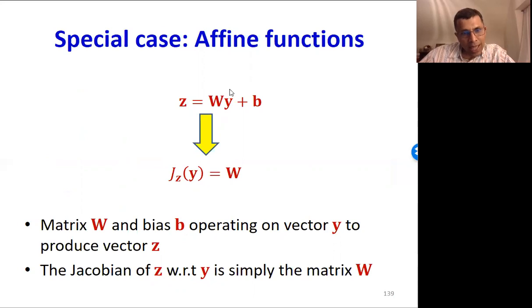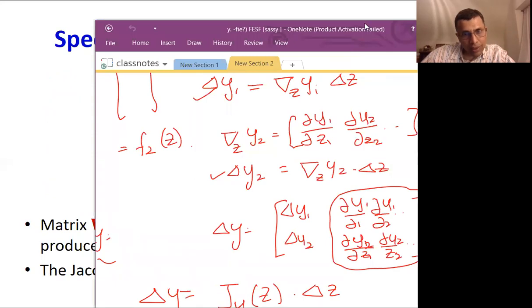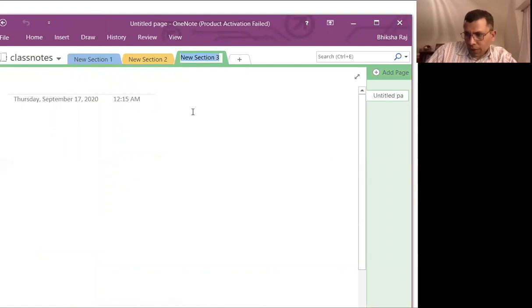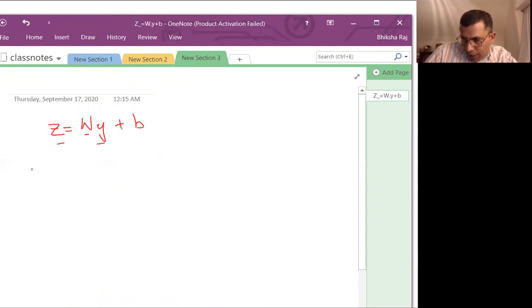Now we have a special case over here. Let's say z is an affine function of y. So z equals some w times y plus b. Now let's say z is an n cross 1 vector, y is an m cross 1 vector, so w has got to be n cross m.